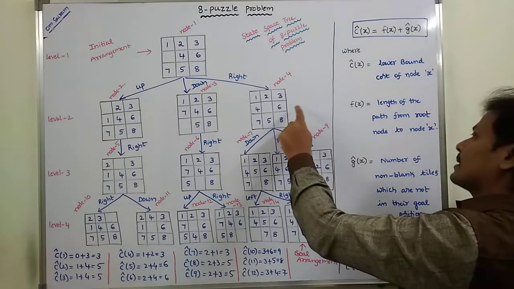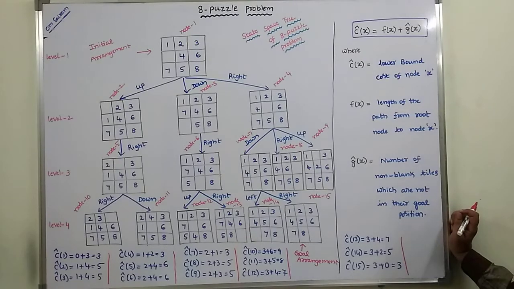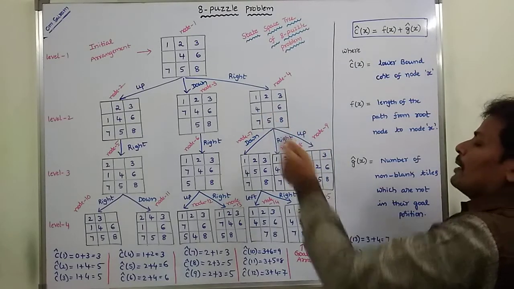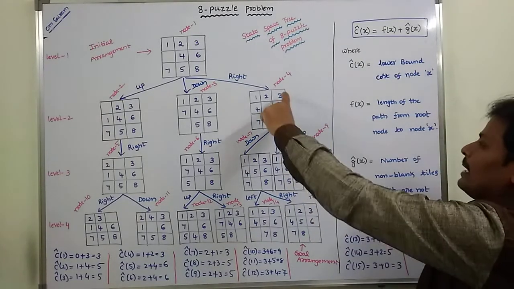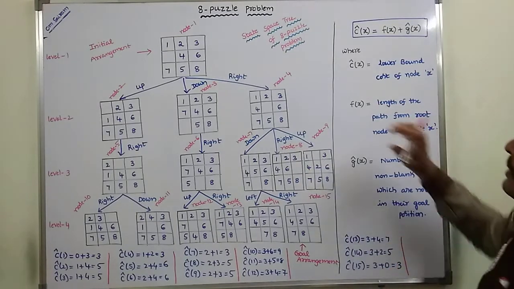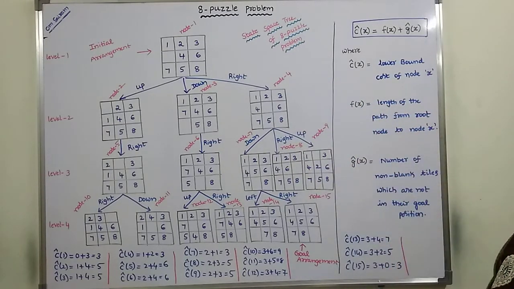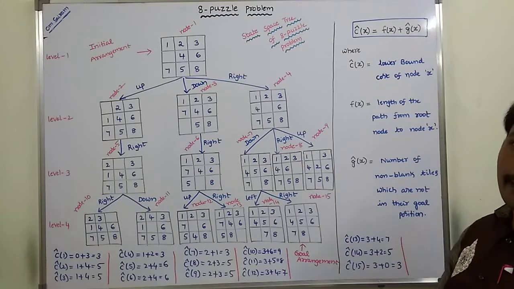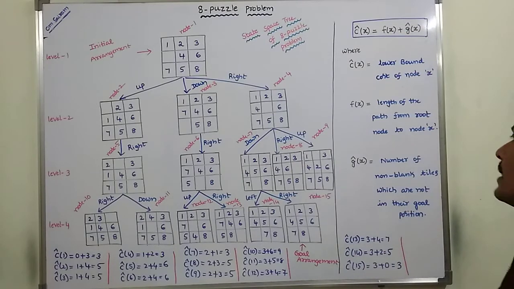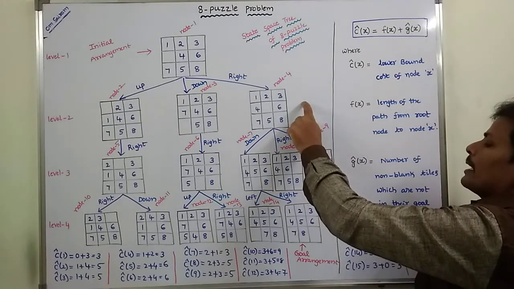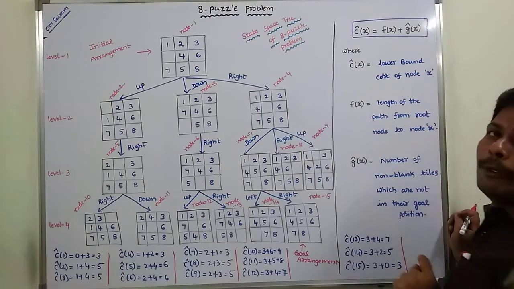So g of x is equal to 3. Okay, 3 minus 1, that is 2, we have to take 3 minus 1 because one empty slot is there. So because of that, g of x is equal to 2 for node 4.